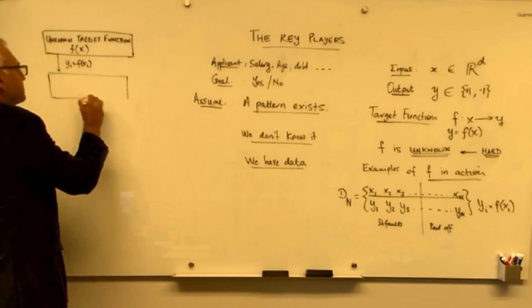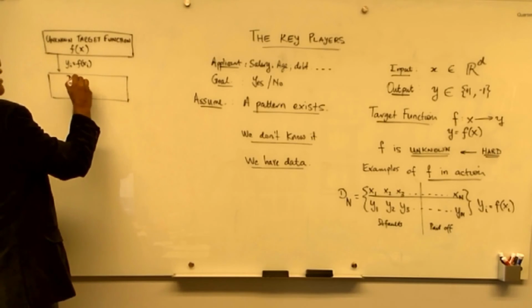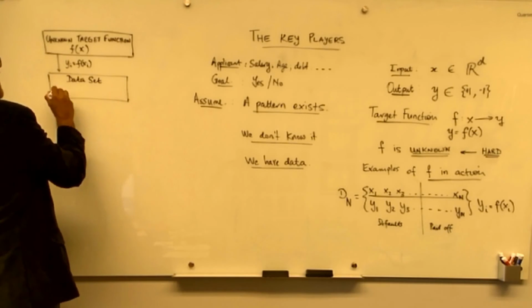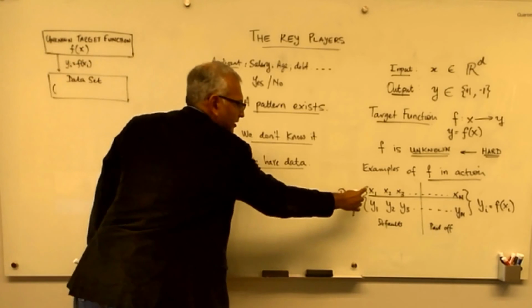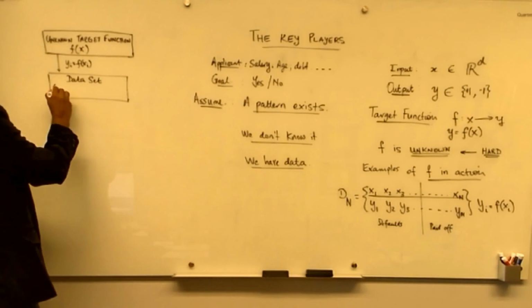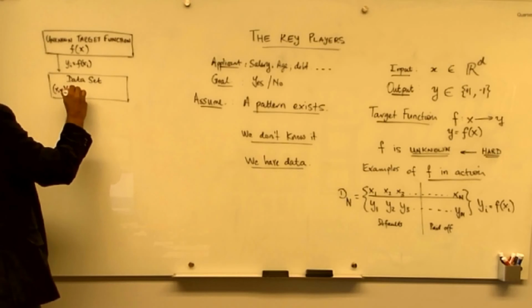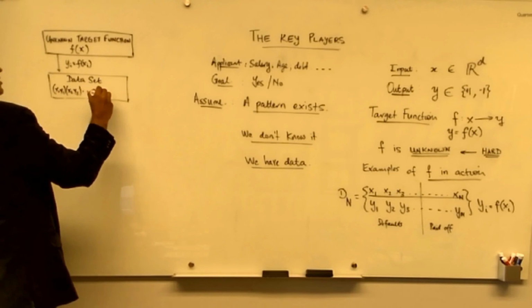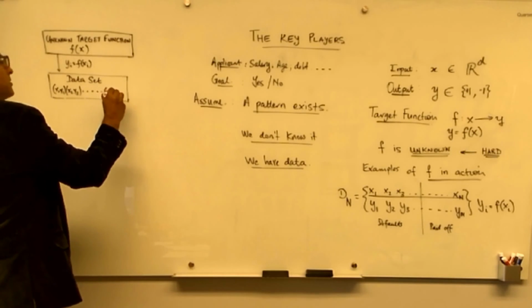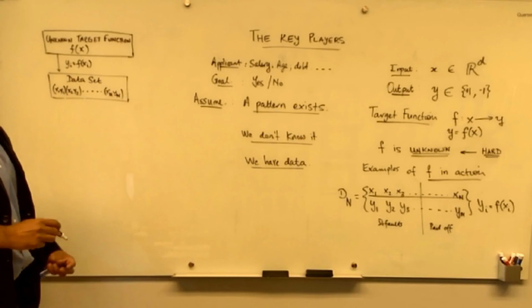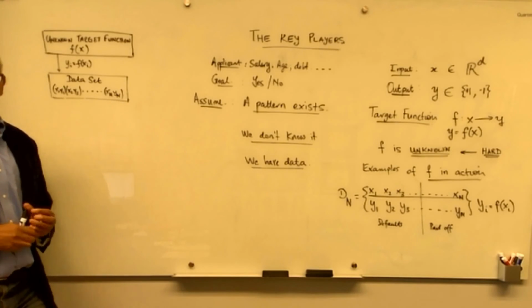I have a data set which consists of pairs xi, yi. So we have x1, y1, x2, y2, and so on, xN, yN. The big N is the number of data points.